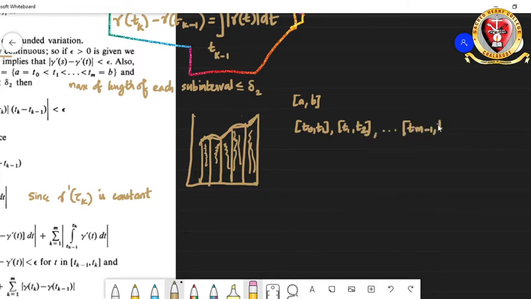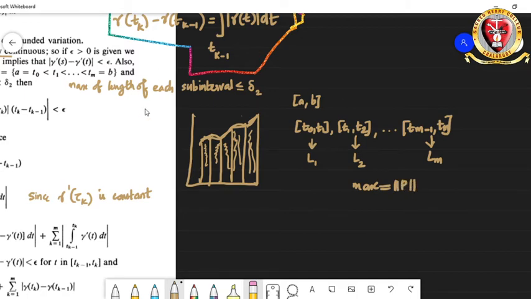What you have to do is find their lengths. If this is L1, this is L2, that means t1 minus t naught, t2 minus t1, up to tm minus tm minus 1, call it Lm. And you have to find the maximum among them.